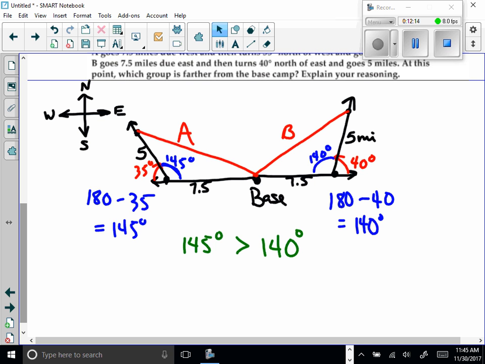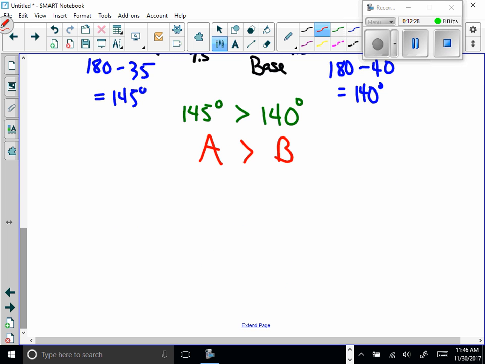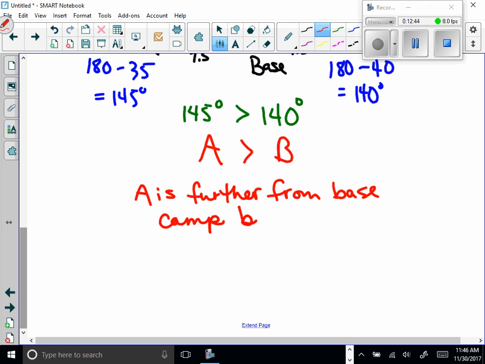So that means that the distance or the length of segment A there has to be greater than the distance B is. So that just tells me that A is further from base camp, by the hinge theorem.